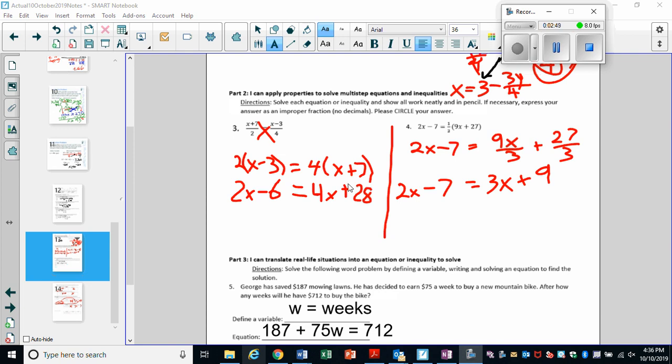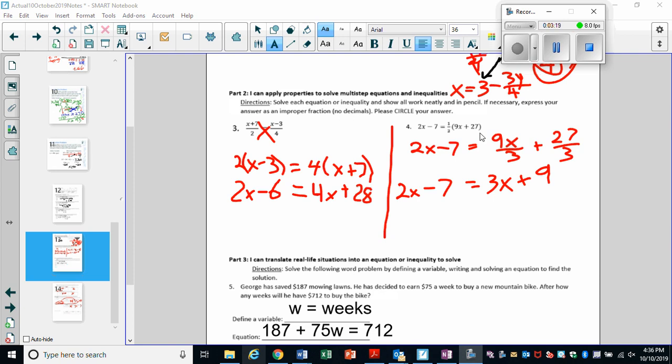Number 3, the second part was multiply 2 times x minus 3, which is 2x minus 6. At this point I'm going to stop here for this problem because basically we need to isolate variables: variable terms on one side of the equation, constants on the other side. For tomorrow, I'll give you the answer. You can check and go from there.